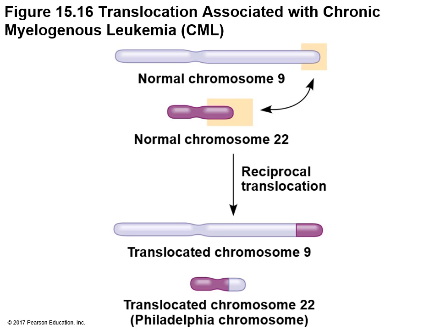We have a normal chromosome 9 and a normal chromosome 22, but we can see how a section of chromosome 9 is going to be swapped with a big section of chromosome 22, and that results in our kind of mixed chromosomes. We call the translocated chromosome 22 the Philadelphia chromosome.